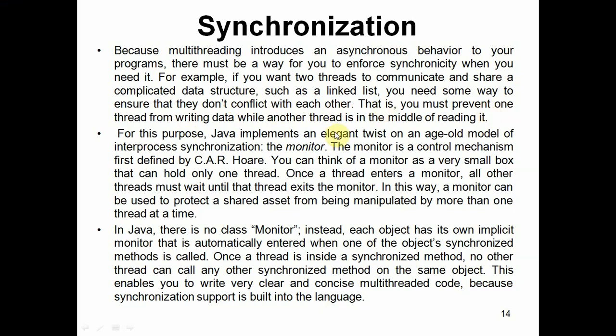That is, you must prevent one thread from writing data into a shared location while another thread is in the middle of reading it. For this purpose, Java provides synchronization in the form of the monitor. Java does not directly support the concept of a monitor, but indirectly supports it by using synchronized methods and synchronized blocks.